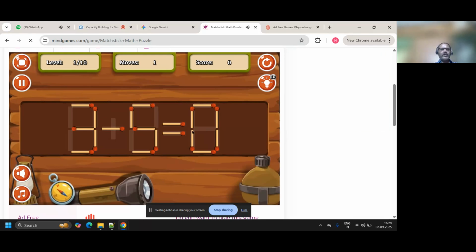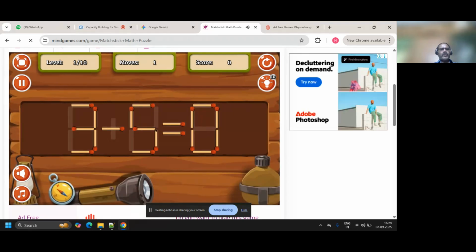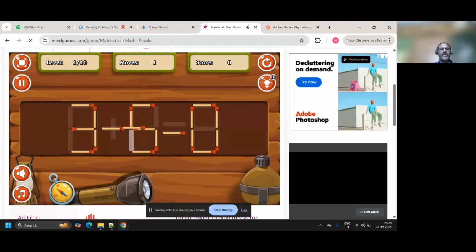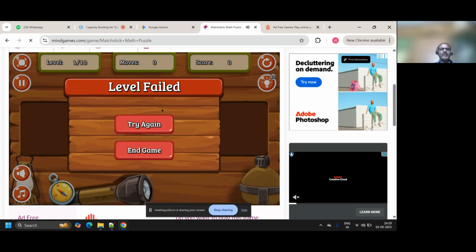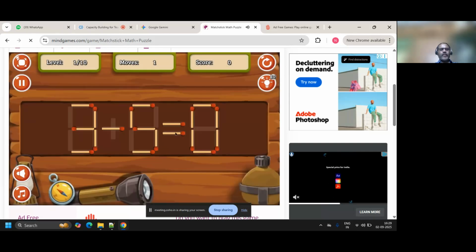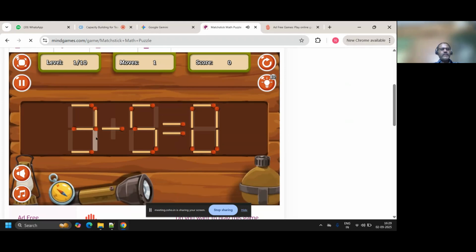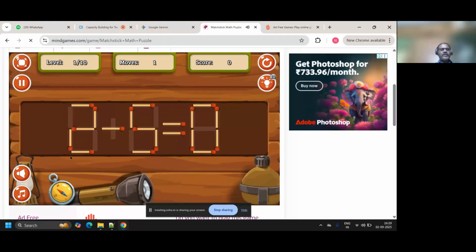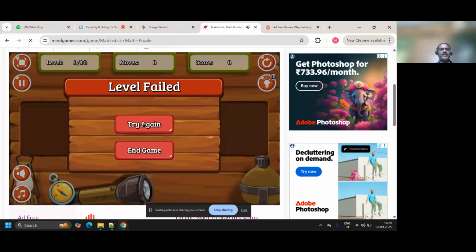I need to make sure how to arrange these sticks. It is basically trying to arrange the matchsticks. Okay, try again. Now I say 2 minus 5 is not equal to 0. Try again.